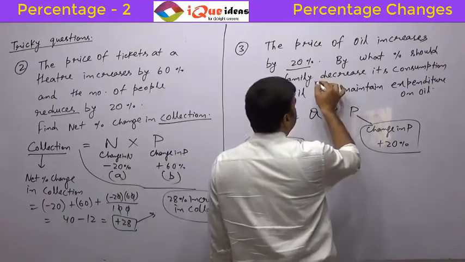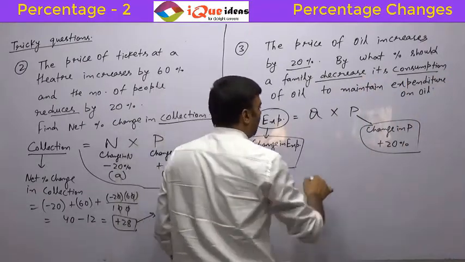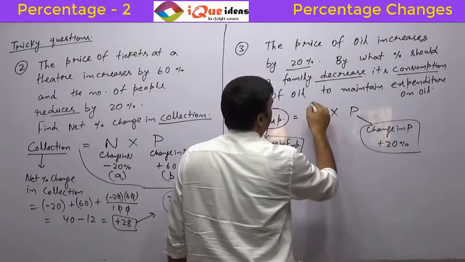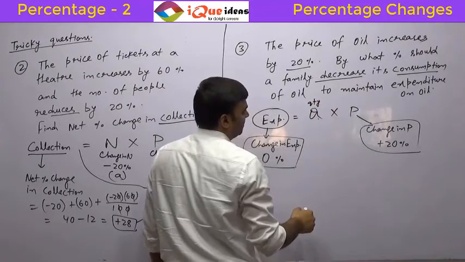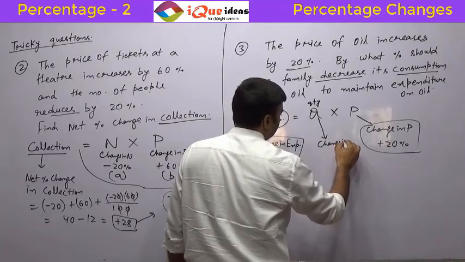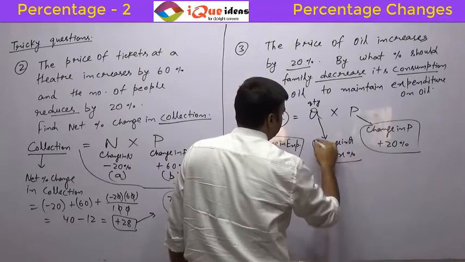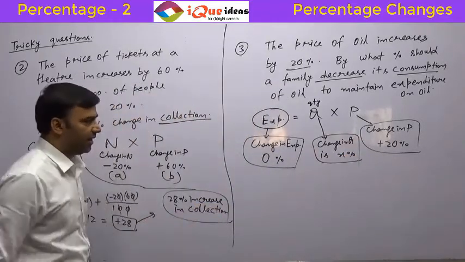And we have to find the decrease in consumption. Let's assume this Q is the quantity. Quantity means consumption. Okay. Let's assume the change in quantity is X%. Whether it is increase, decrease, it will automatically come.